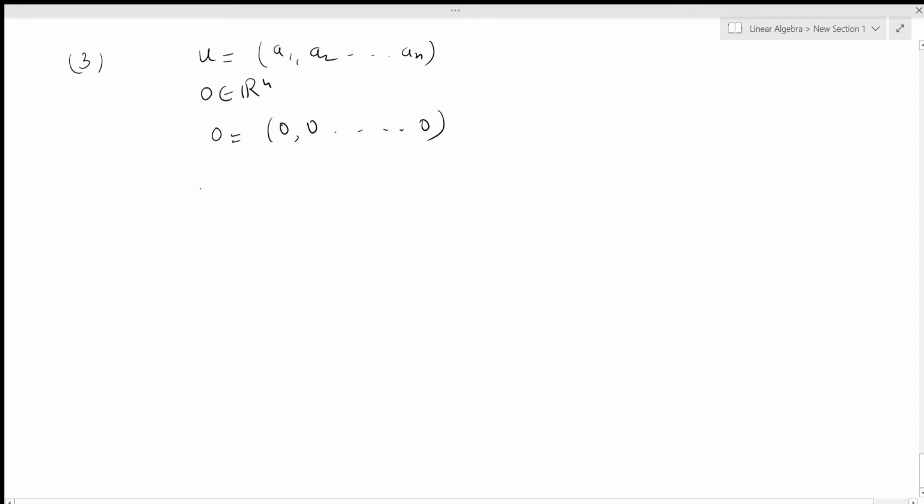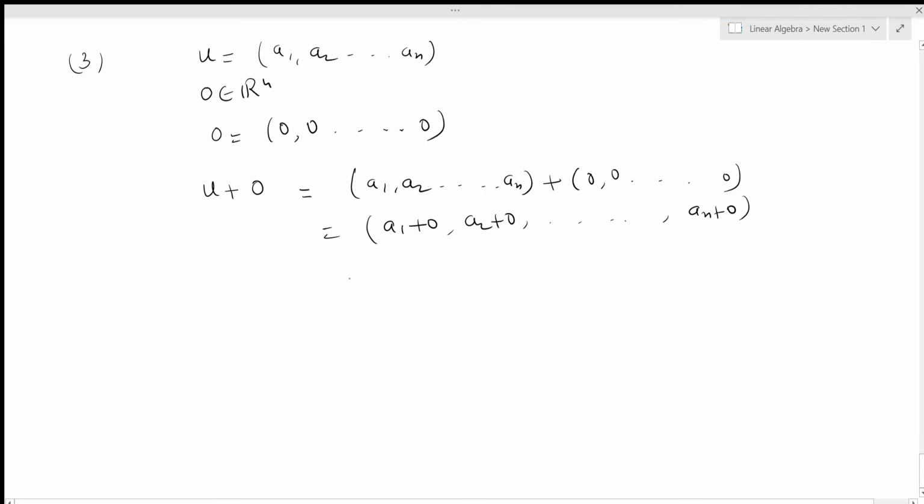So if we add U plus 0, that is A1, A2 and so on An plus 0, 0, 0. Now we can add component wise this one A2 plus 0 and so on An plus 0. If we add any real number with 0, we get A1, A2 and so on An. This is your U. So now third property is also verified.